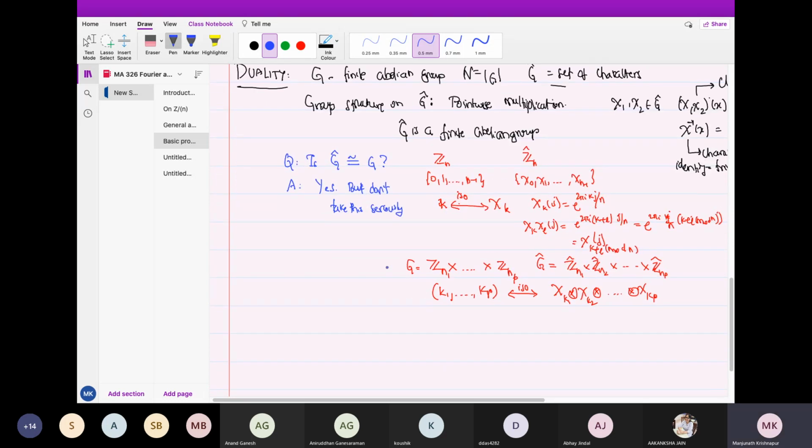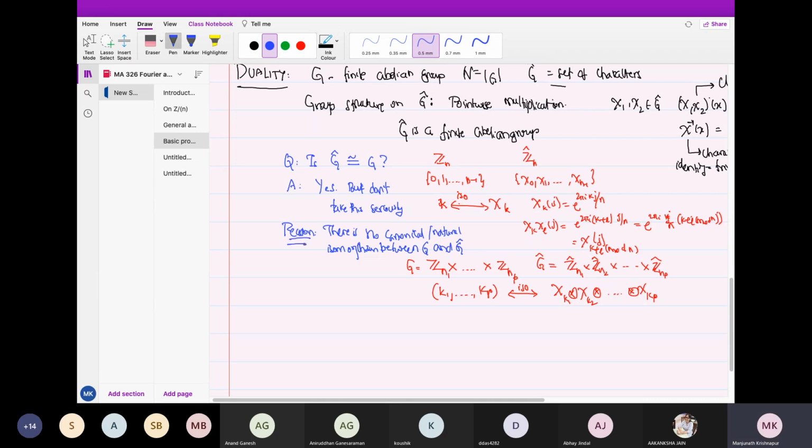The thing is, this is not a natural isomorphism, a canonical or natural isomorphism between G and G hat. Okay, why not?